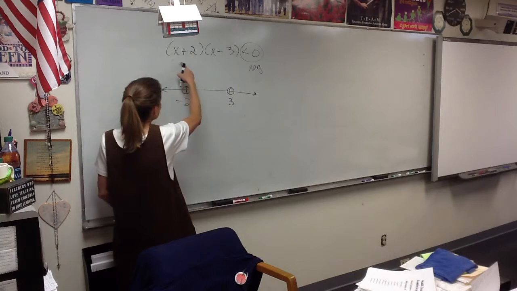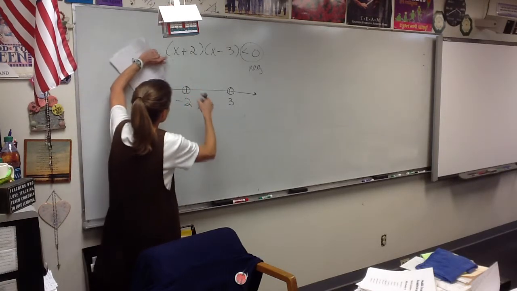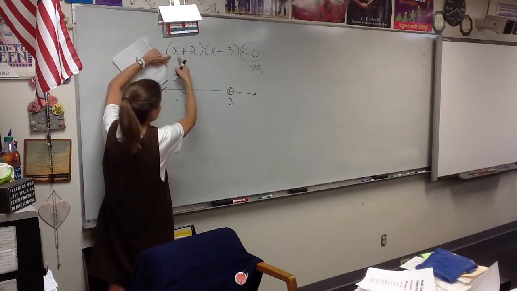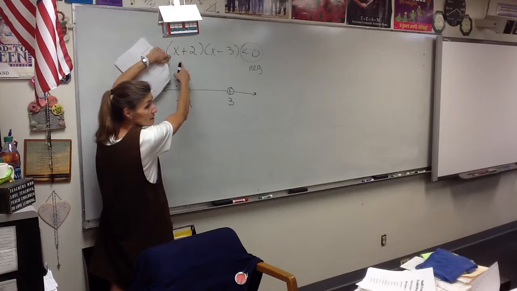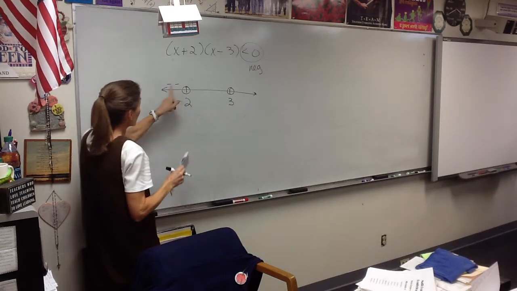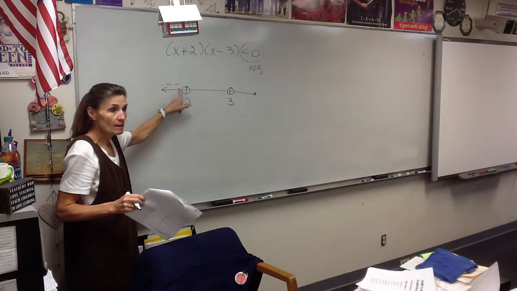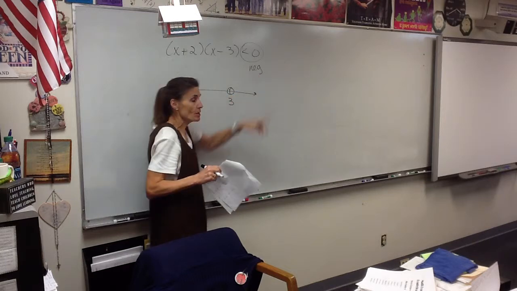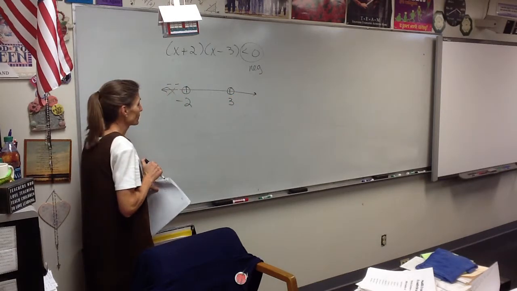If I put -3 into my parentheses, I don't even care what number I get, but that would be negative, right? If I put in -3, and that would also be negative. So what happens when I multiply those 2 negatives together? Is that what I wanted? No. So that doesn't work. That's bad. That doesn't work.